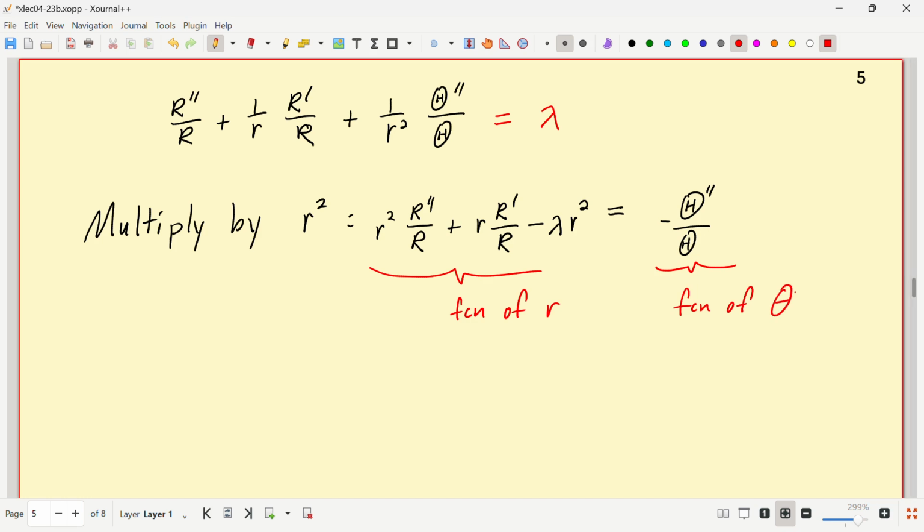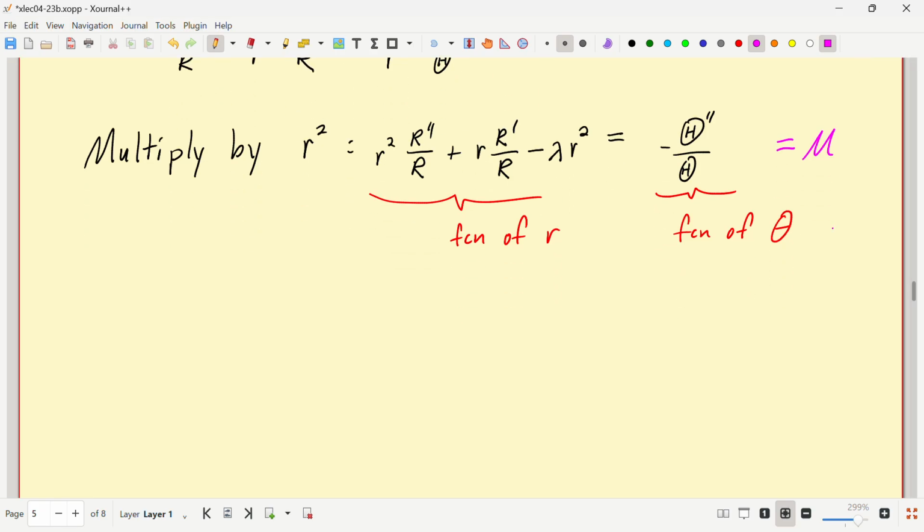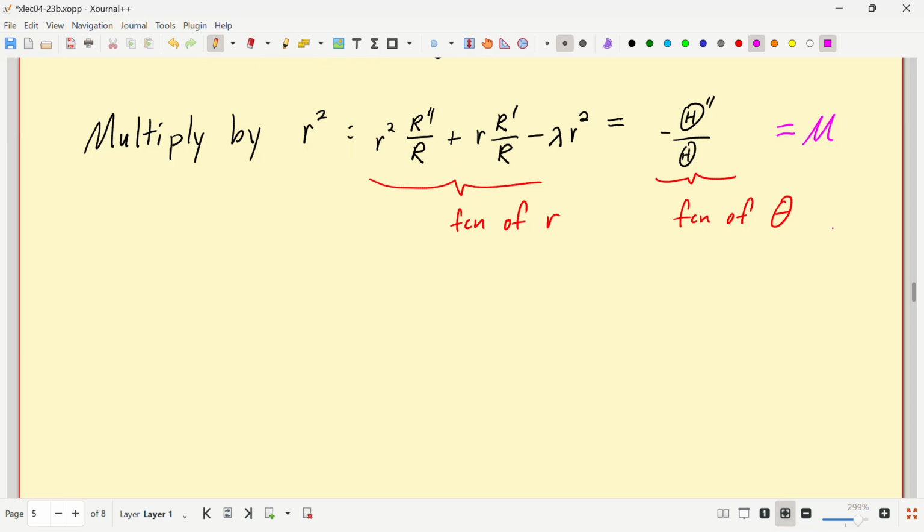They both have to be equal to a constant, mu. And so now I've got two ODEs, and they're rather famous ODEs. The theta problem is going to be an easy one. We've seen it before.